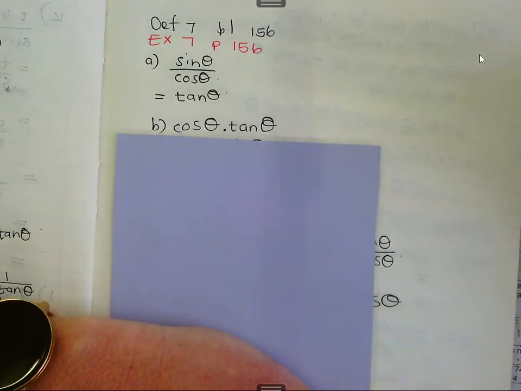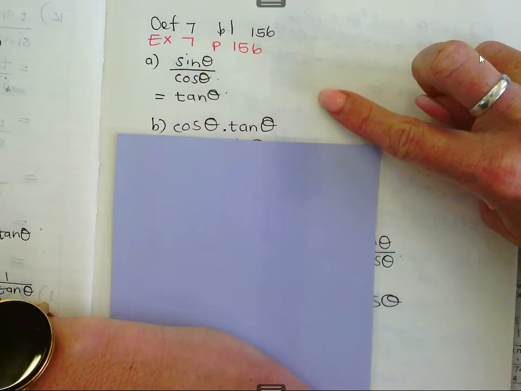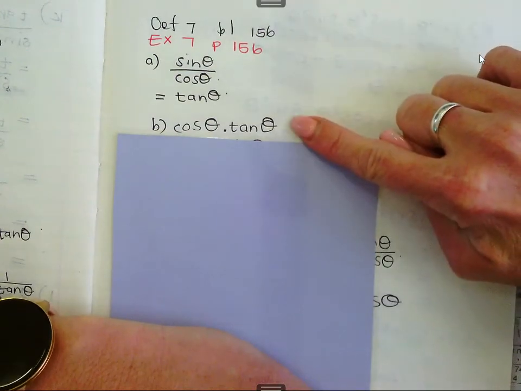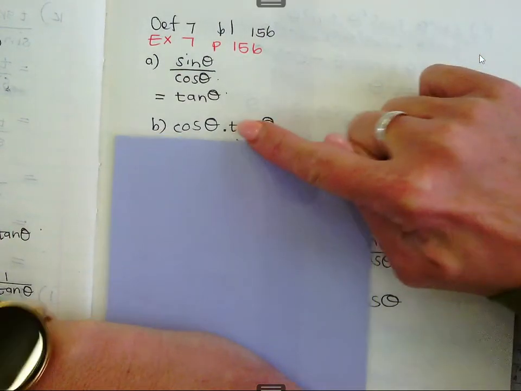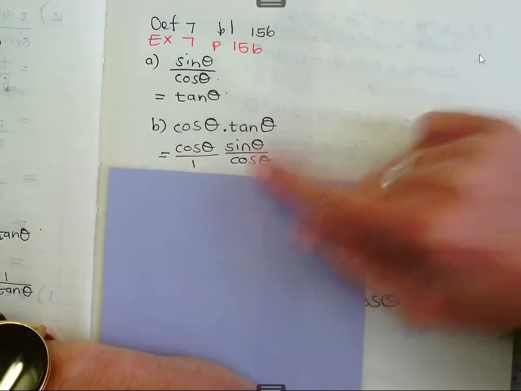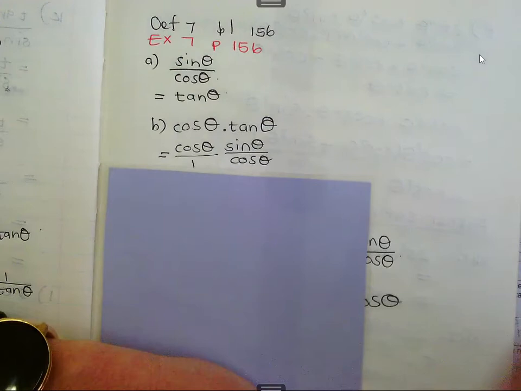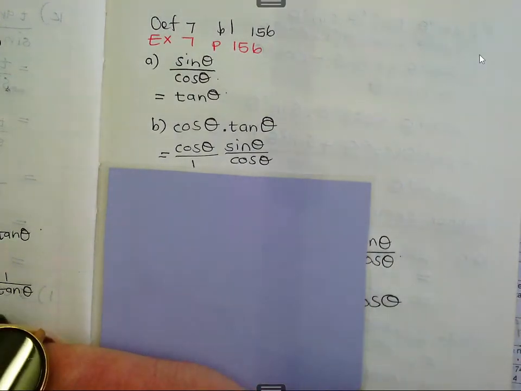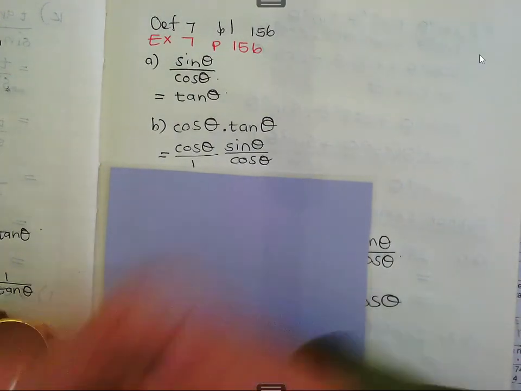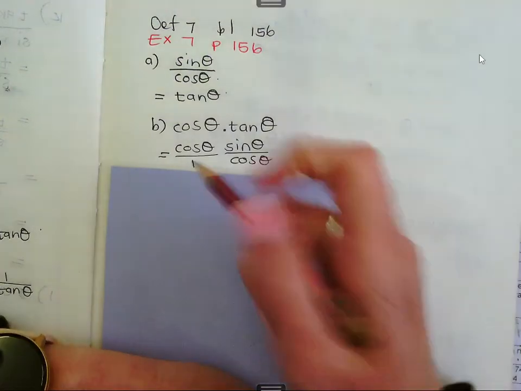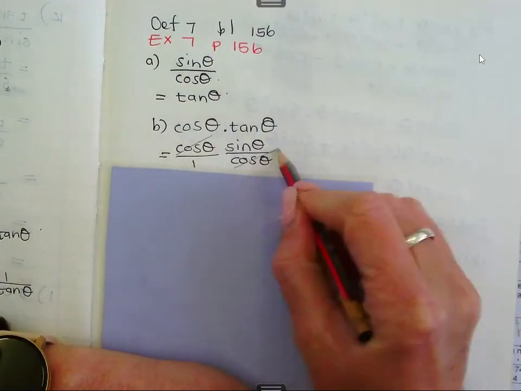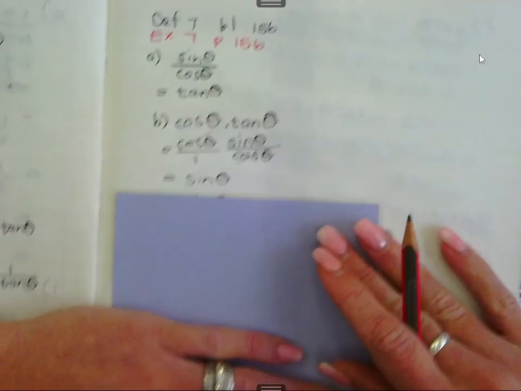Do you hear what she says? Tan theta is an identity. I can change it into sin over cos. And now that I've used the trigonometric knowledge, I can go back to algebraic knowledge, cancel them out, and I've got a single function.